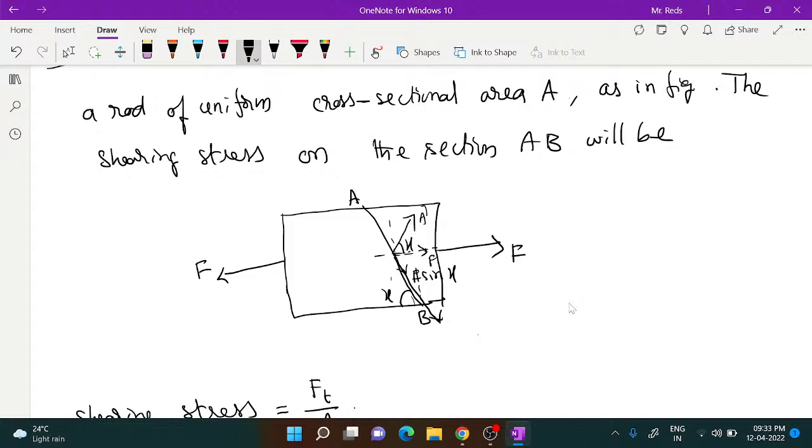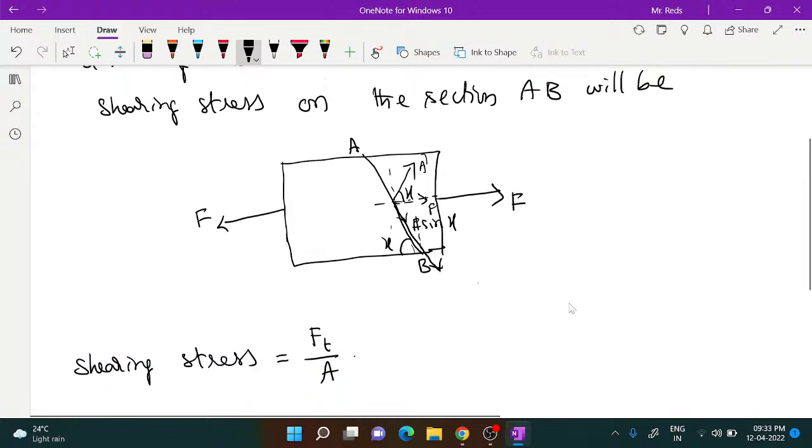Here the shearing stress is equal to the tangential force divided by the area of this section, not this area.